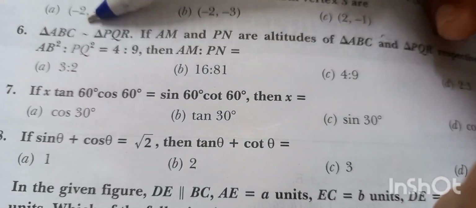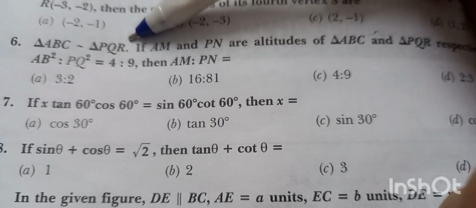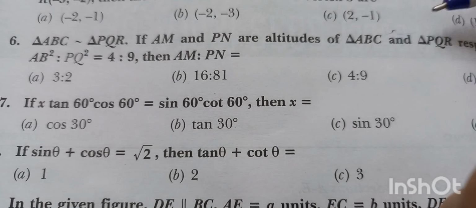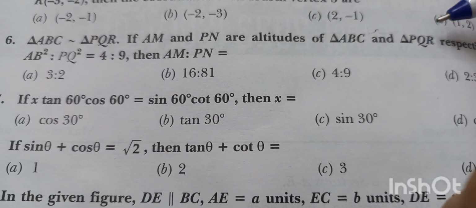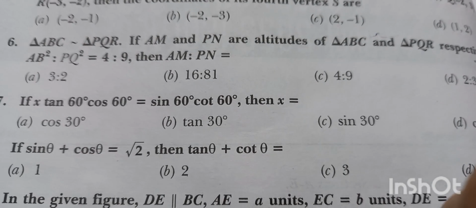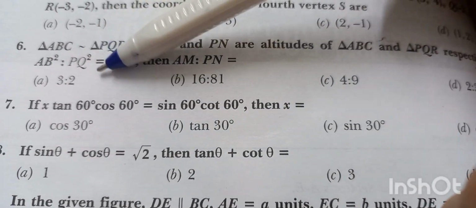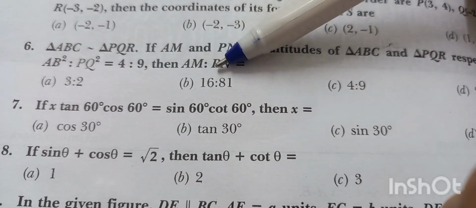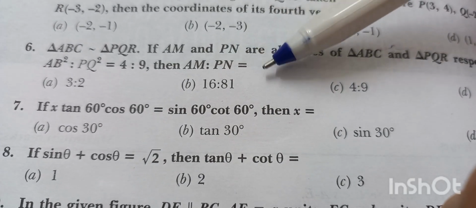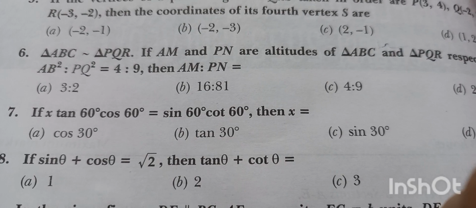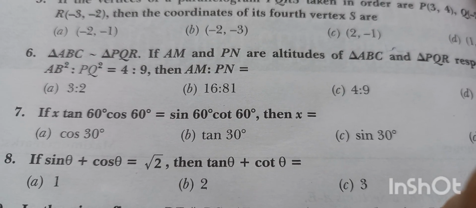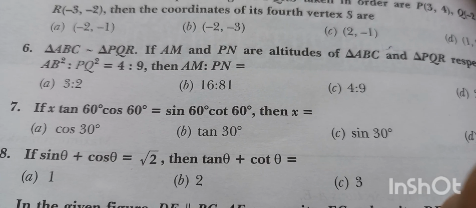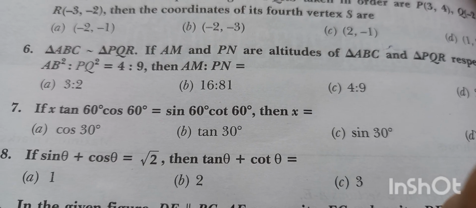Question number 6. Triangle ABC similar to triangle PQR, if AM and PN are altitudes of triangle ABC and triangle PQR respectively, then AB square is to PQ square is equal to 4 is to 9. Then AM is to PN is equal to dash. So we already know that ratio of the squares of sides is equal to ratio of the squares of altitude. Let's do the problem.